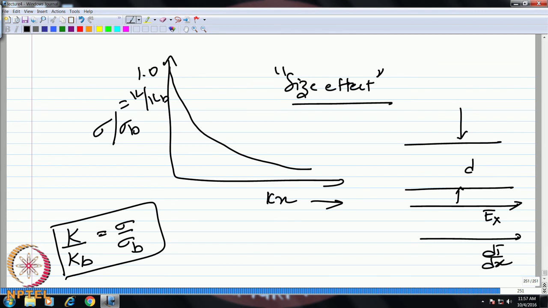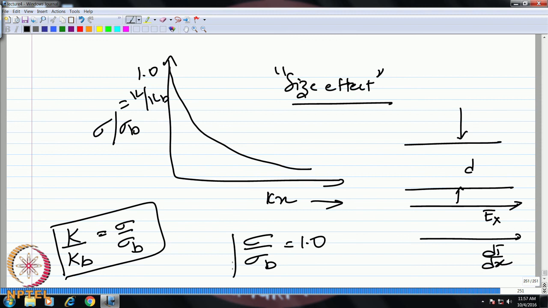Now, the interesting question is, what happens if you use a specular boundary condition instead of diffuse? It turns out that if you use a specular boundary condition, the ratio of sigma by sigma b will always be equal to 1 for transport parallel to the thin film. In other words, a specular boundary condition does not affect the momentum of the electrons or phonons, and therefore even if you have a confinement and apply a specular boundary condition, this is not going to destroy or reduce the conductivities.